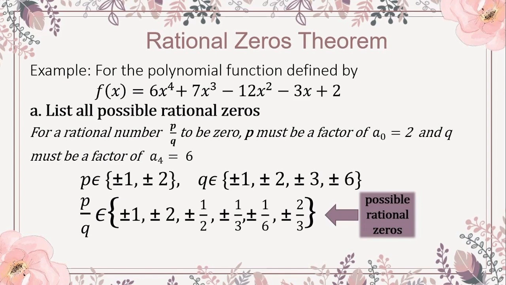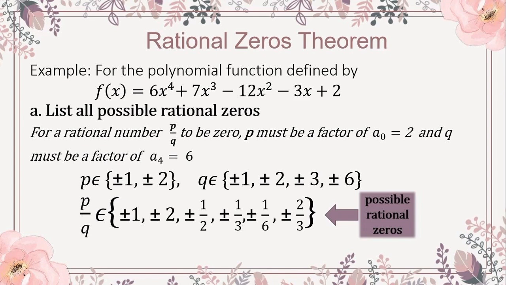So p is an element of the set containing positive or negative 1 and positive or negative 2. This comes from the number 2, since p must be a factor of a sub 0 is equal to 2.